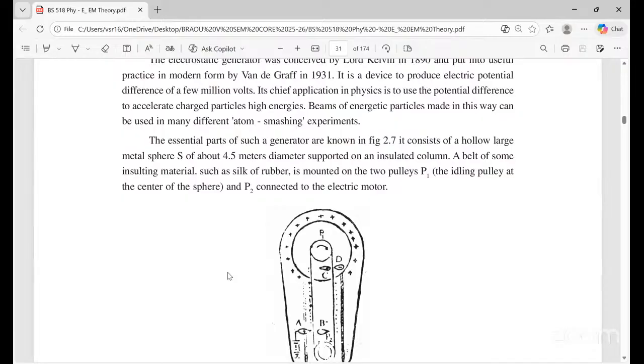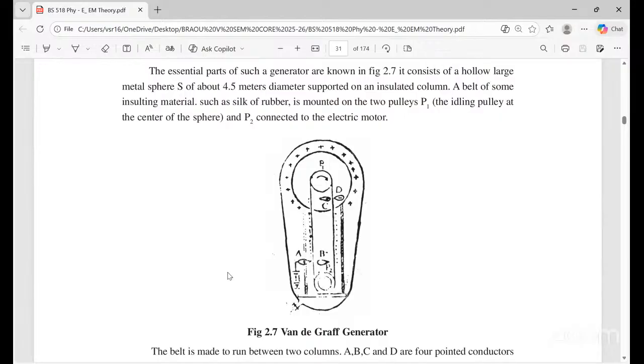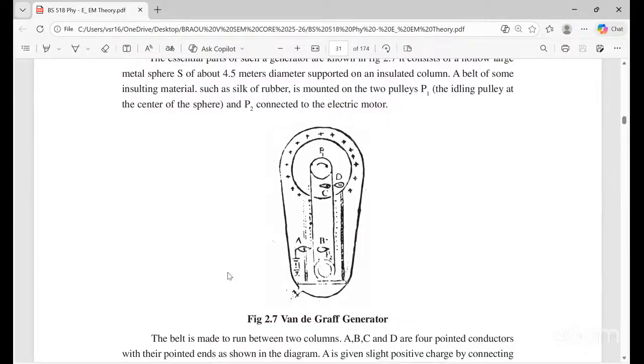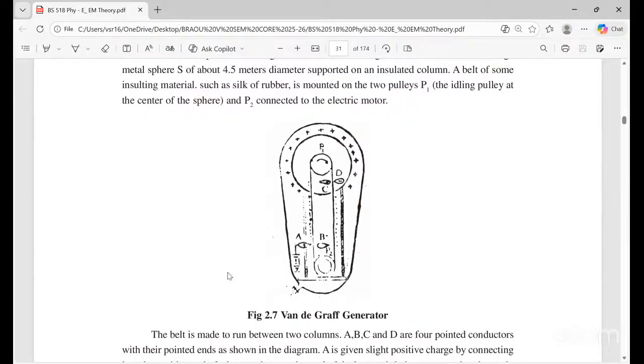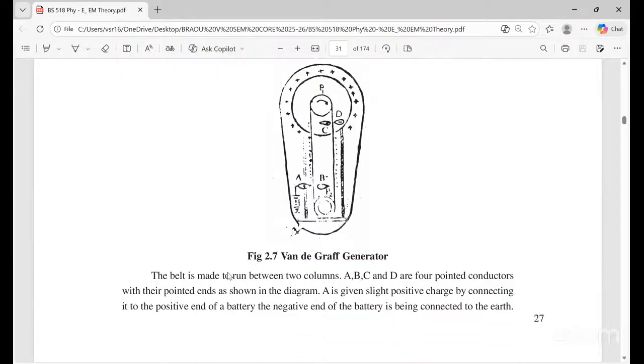So the Van de Graaff generator consists of a hollow large metal sphere S, about 4.5 meters in diameter, which is supported on an insulated column. A belt of some insulating material, like silk or rubber, is mounted on two pulleys, P1 and P2, which are connected to the electric motor.